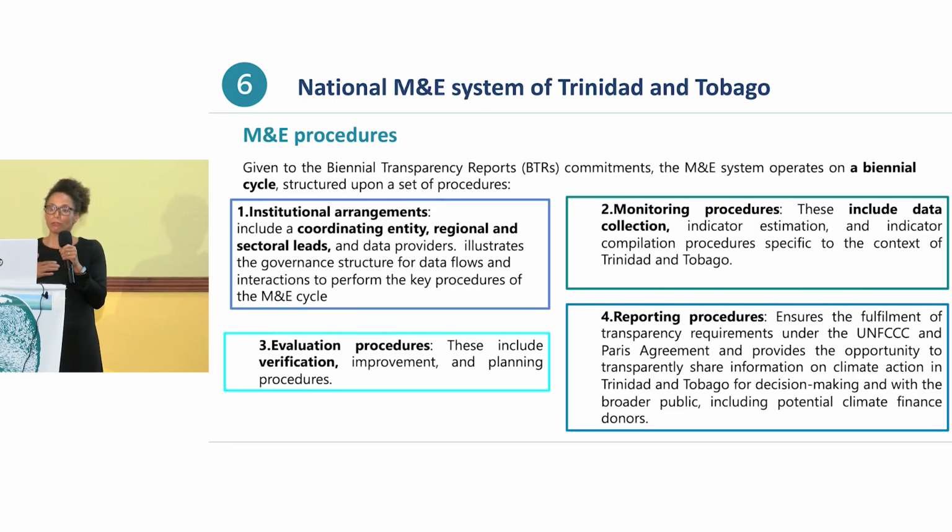So institutional arrangement means including the coordination entity and regional and sectoral leads. It includes the data collection and monitoring procedures, evaluation of the procedures, and reporting procedures. Also, the reporting procedures must be effective as well. So this is also part of the monitoring process.